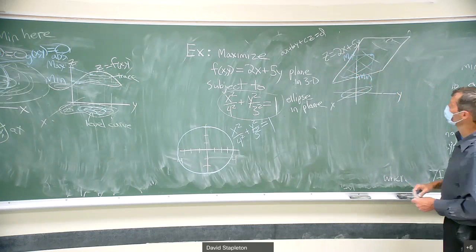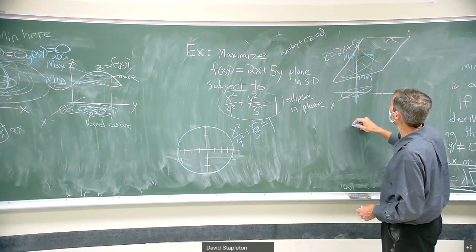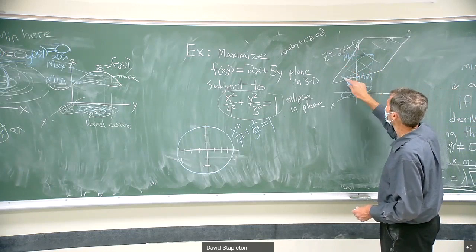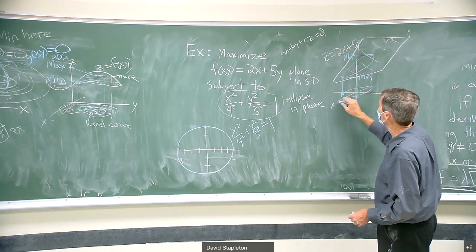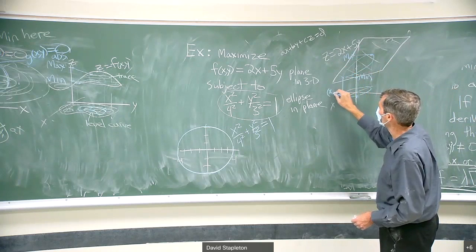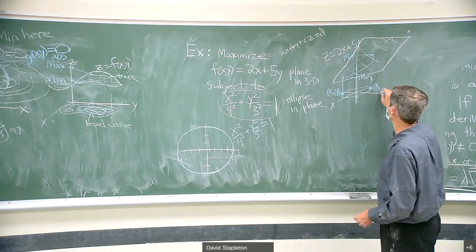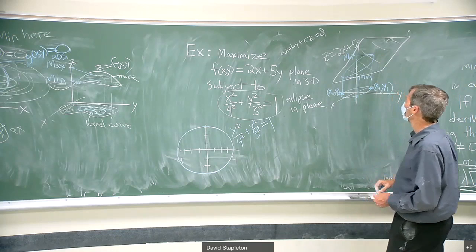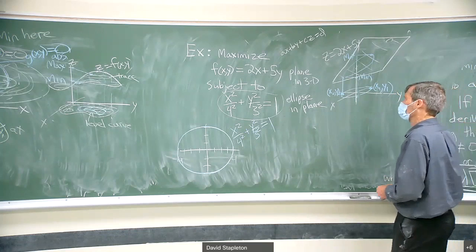But you're also interested in where they occur, right? Here is the minimum, some x0, y0. And at this point here, it's some x1, y1. We'll get a maximum. So let's see if we can find those points.